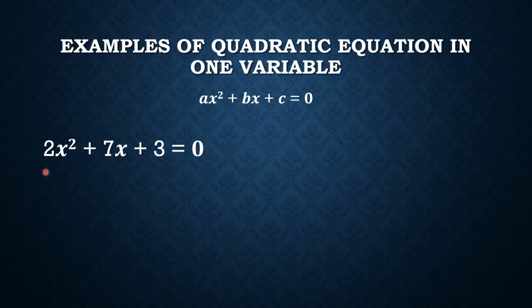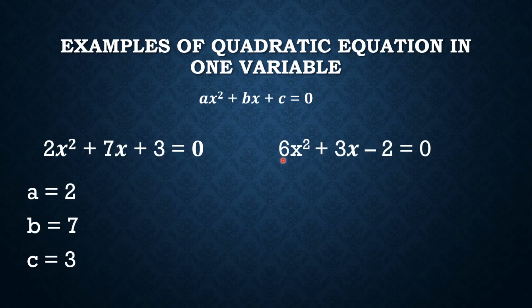Take note that the value of a is 2, the numerical coefficient of the quadratic term. The value of b is 7, the numerical coefficient of the linear term. And last, the value of c, which is 3, which is the constant term.